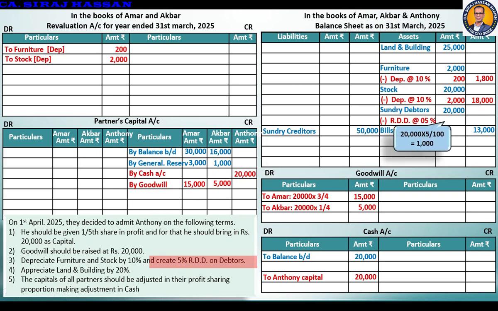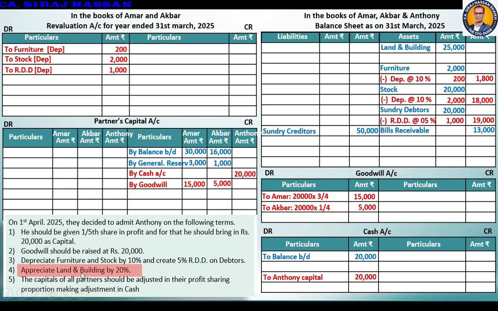That means there are chances that I might not be able to recover 5% of 20,000. That is coming to 1,000. So this 1,000, being a loss, will be debited to the revaluation account. So the journal entry in this case will be revaluation account debit to furniture account, revaluation account debit to stock account, revaluation account debit to new RDD.